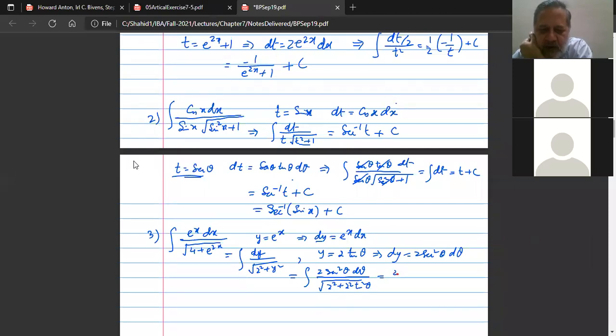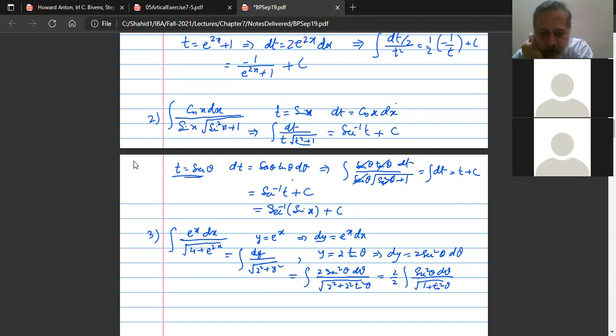From the numerator, constant 2 comes out, and taking 2 square common, one constant comes in the denominator. We get the same secant square theta d theta upon under root 1 plus tangent square theta. 1 plus tangent square theta is secant square theta, so under the root it becomes secant theta.